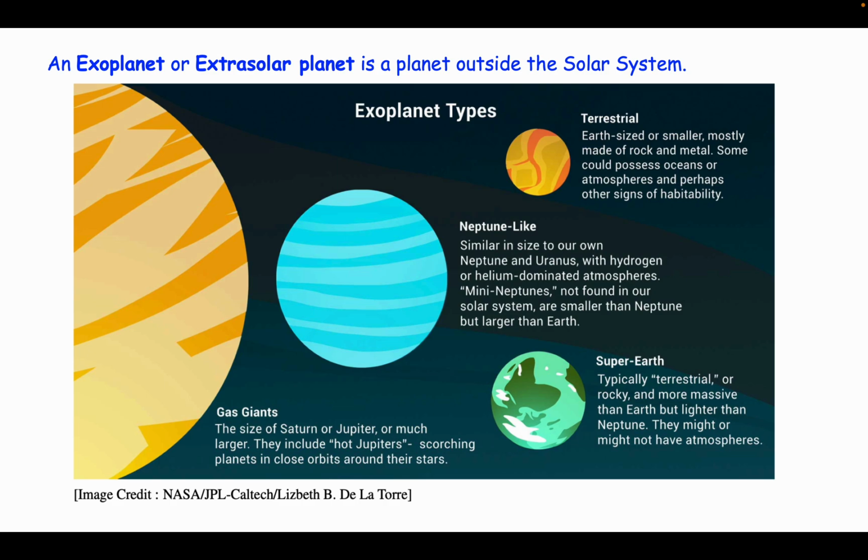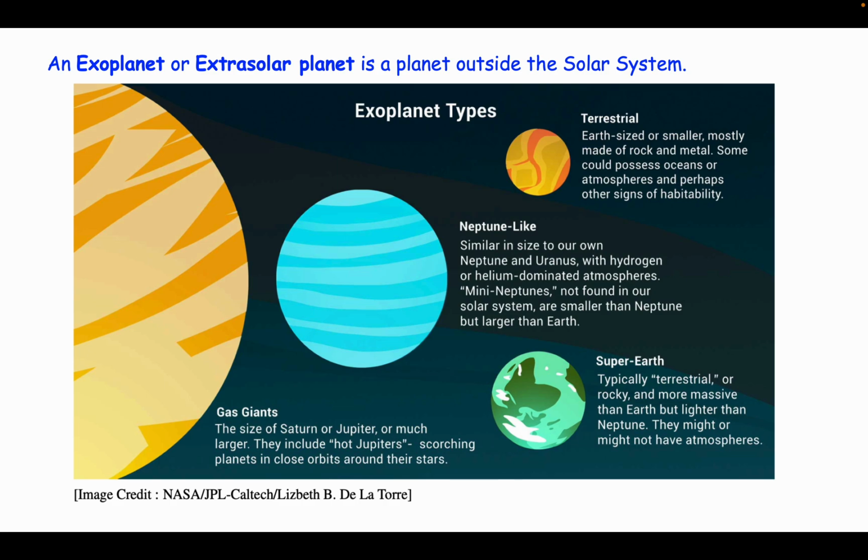There are also Neptune-like planets in our galaxy. These Neptune-like planets are of similar size to Neptune and Uranus. They are mainly made of rock and ice, with a hydrogen or helium dominated atmosphere. Another type of planet is the gas giant.